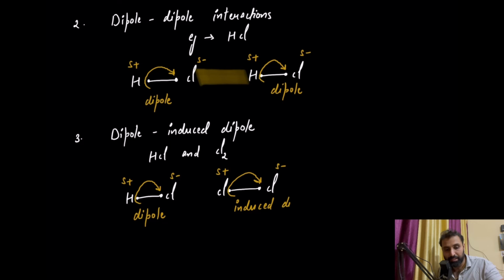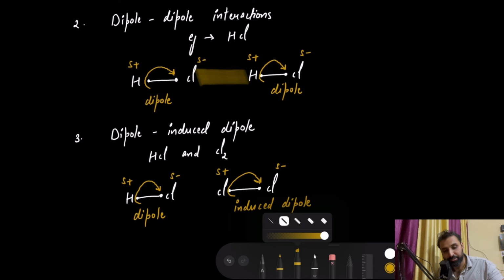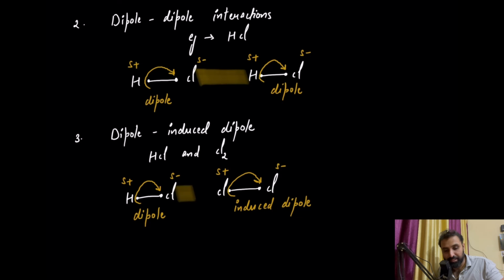So that's the induced dipole. In this case, there will be the interactive force between the delta negative chlorine of the first HCl with the delta positive chlorine of the Cl2 molecule. So that's the dipole induced dipole interaction.